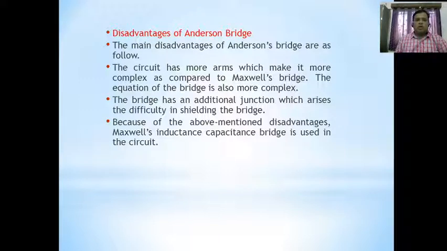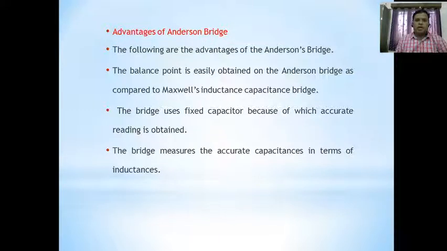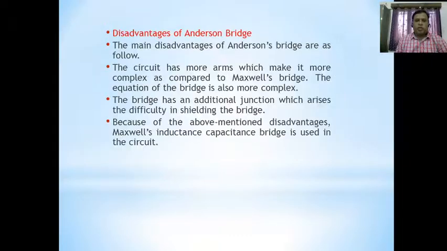Because of the above mentioned disadvantages, Maxwell's inductance capacitance bridge can be used in the circuit. If you don't want these disadvantages, then we have the Maxwell's inductance bridge. Anyhow, the advantages are more, where accurate values can be obtained by the Anderson's bridge. Why? Because in measurement we need accurate values.